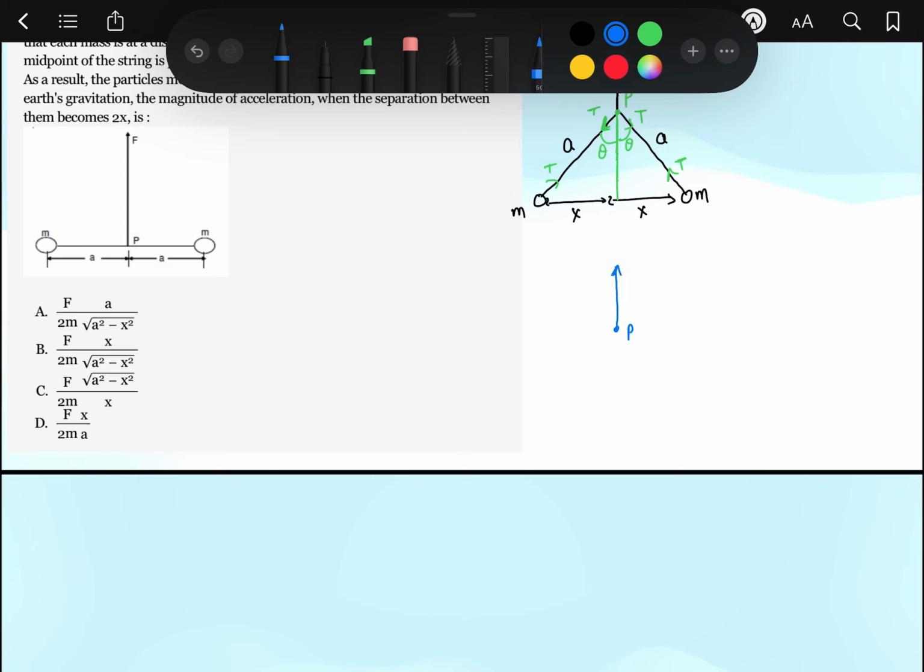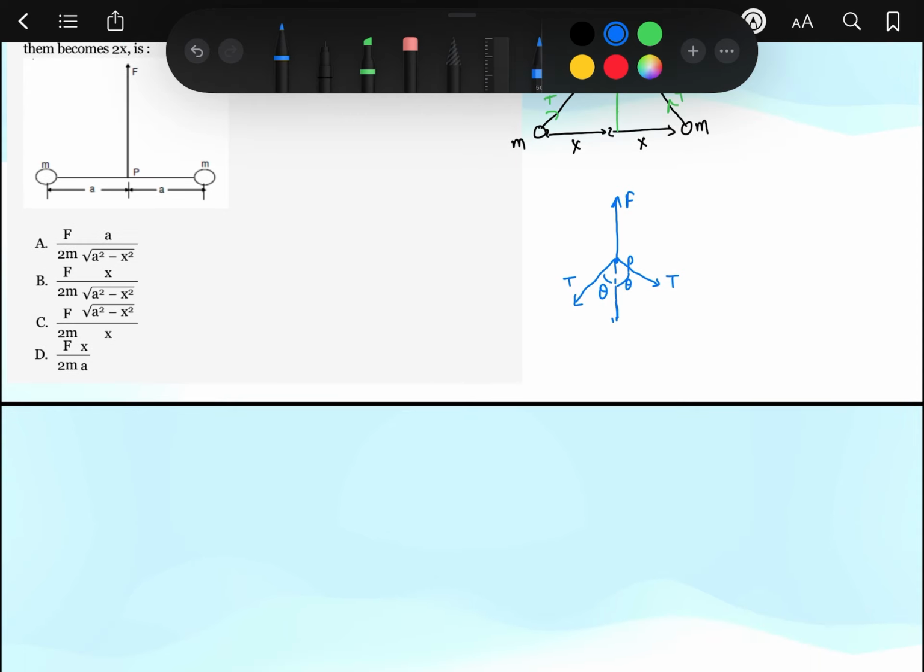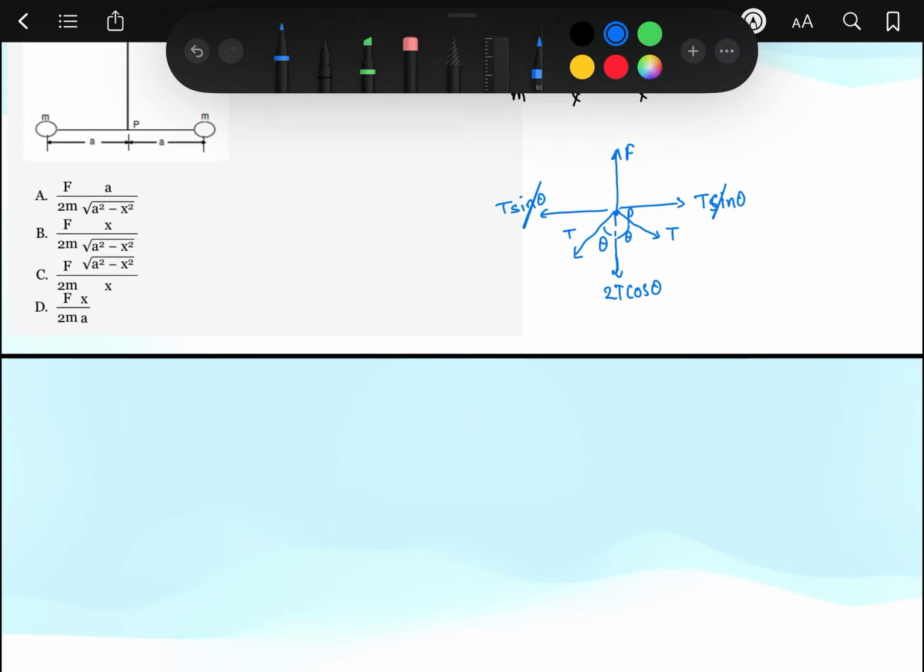One is the force upward, that is equal to F, constant force, and one is the tension force acting in this direction, T, and one is the tension force acting in this direction, T. Since this is the angle theta we are taking, the components of these both tension forces in the downward direction will be equal to 2T cos theta, and the horizontal components of the tension force, T sin theta, will be cancelled out by each other.